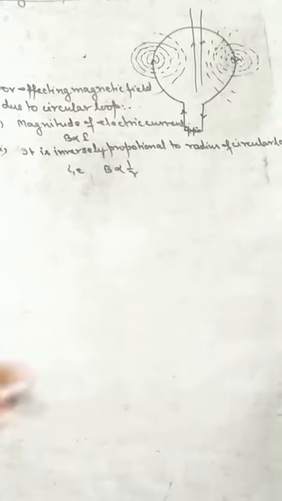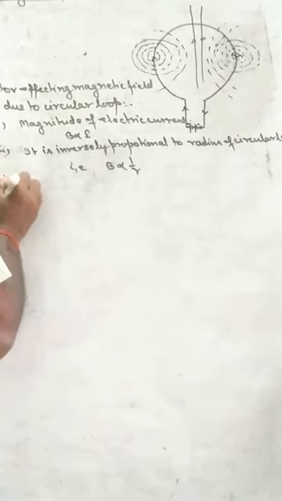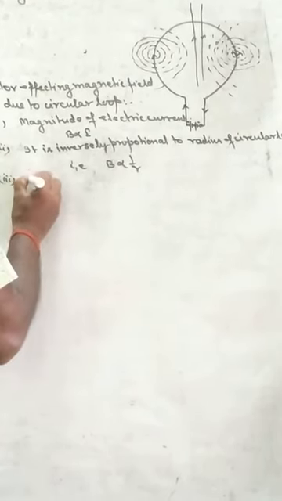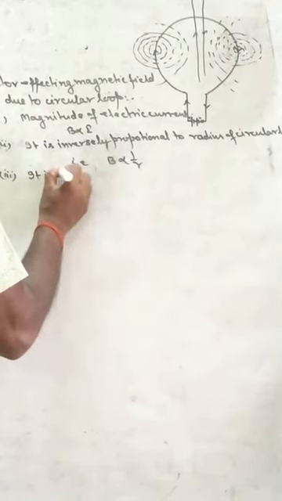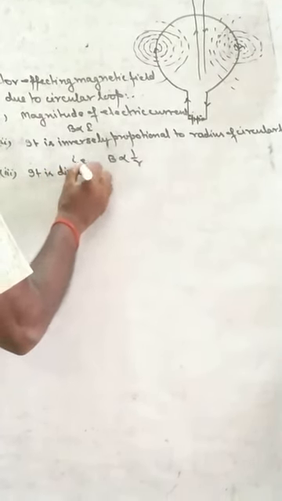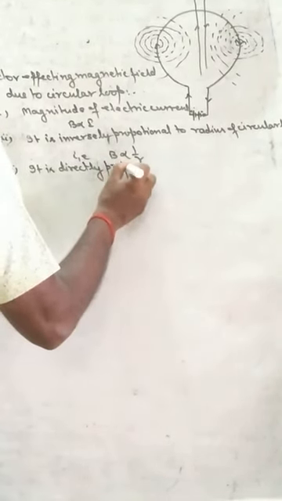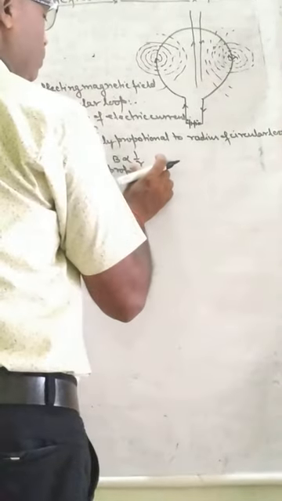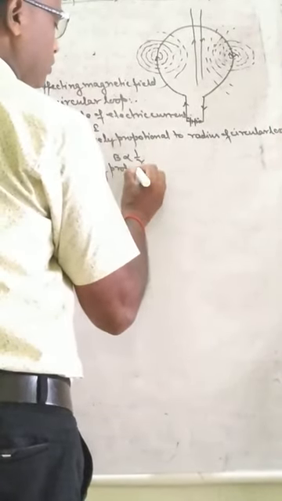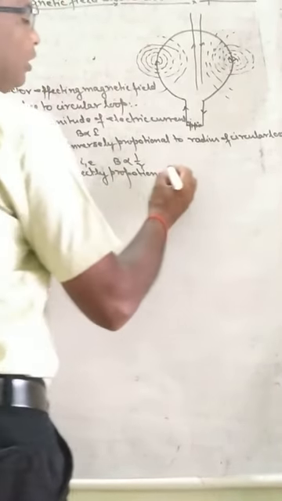Third point, the magnetic field is directly proportional to the number of turns.